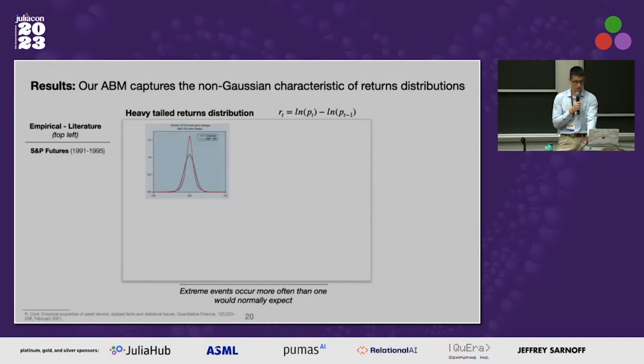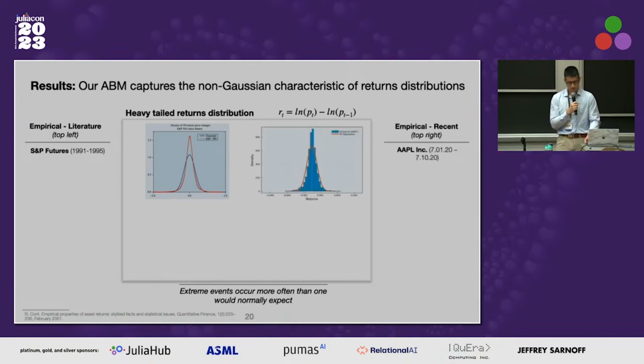The first one I want to look at is the non-Gaussian characteristic of the returns distribution. This matters because extreme events occur more often than one would normally expect. This was first mentioned in the literature some time ago. I've re-implemented this with some recent data, just to ensure that it's still there, as well as that our tests are working as they should and not giving any false positives.